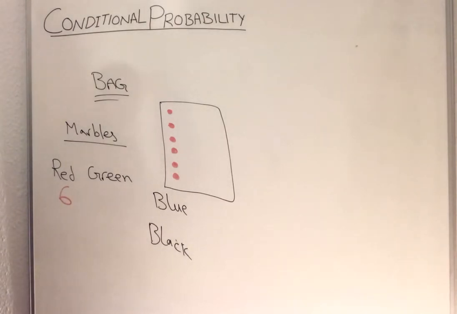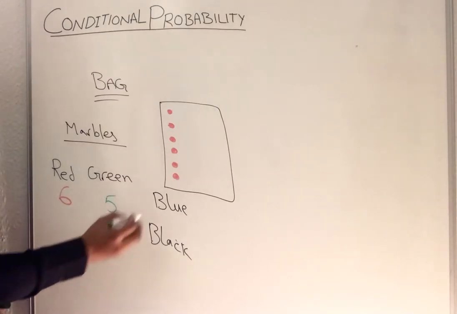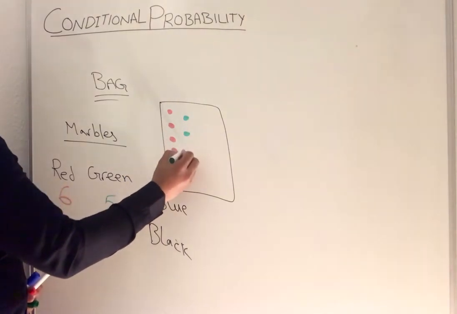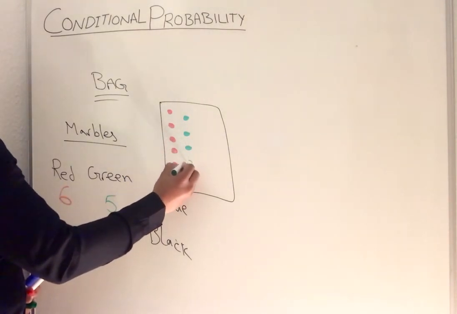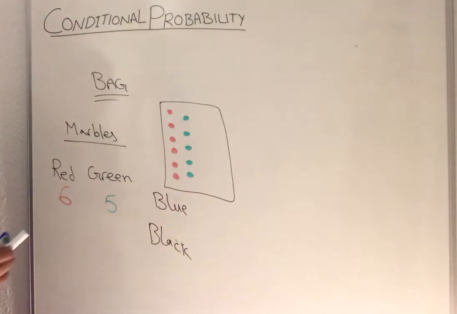And how many green marbles are there? We have 5 green marbles: 1, 2, 3, 4, and 5.